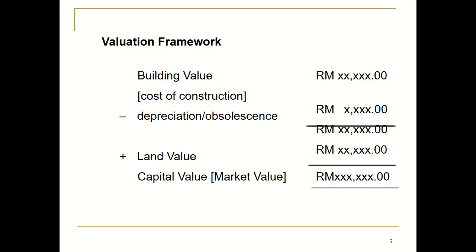So untuk main floor area, dia complete building, like dia ada roof, dia ada wall, and dia ada floor. That is main floor area. Kalau ancillary floor area, dia ada roof, dia ada wall, dia tak ada floor, for example. Or dia ada roof and floor sahaja, dia tak ada wall. Contohnya macam pondok, car porch, balcony, kan?